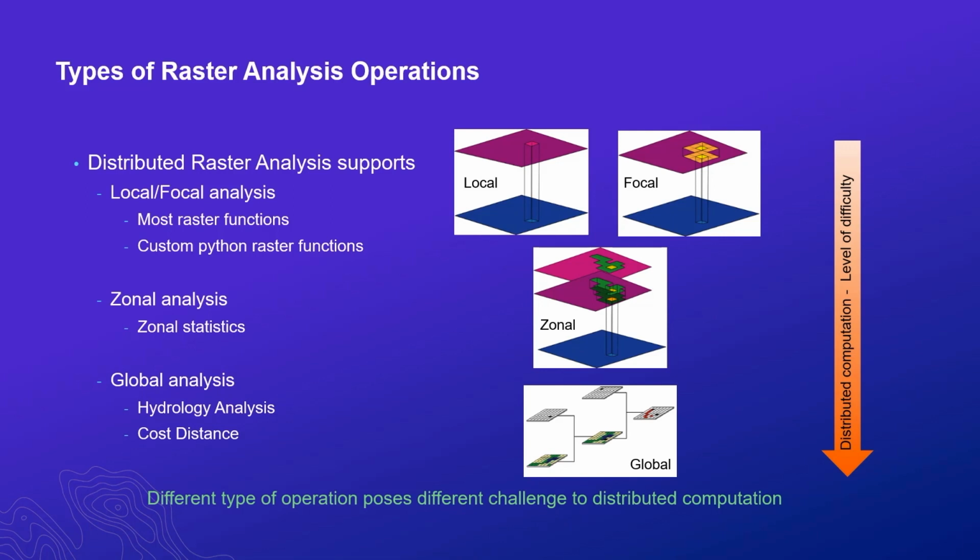And as you move down through these different levels of operation, zonal becomes a little harder, and then global becomes really hard. So as you can see, the intensity of color on your arrow pointing downwards tells you how hard it gets when it goes to global, right?